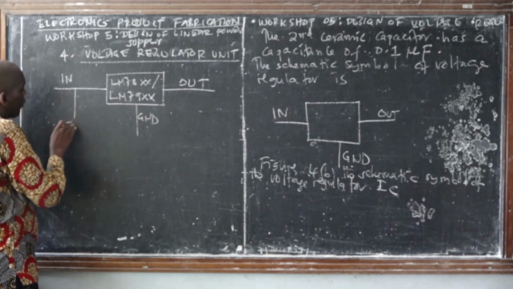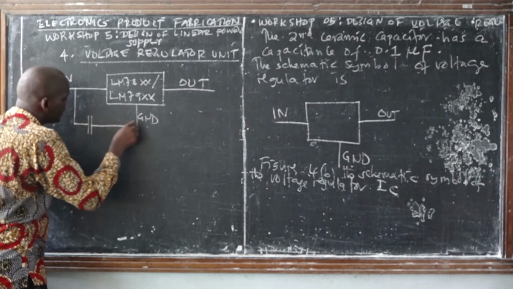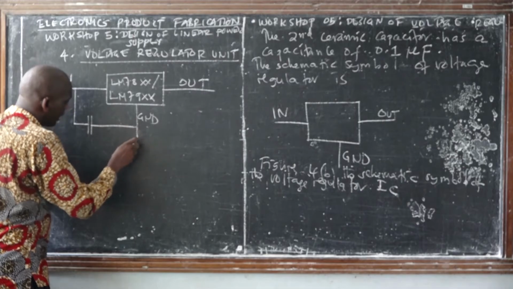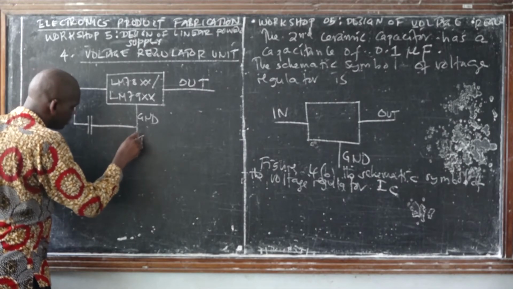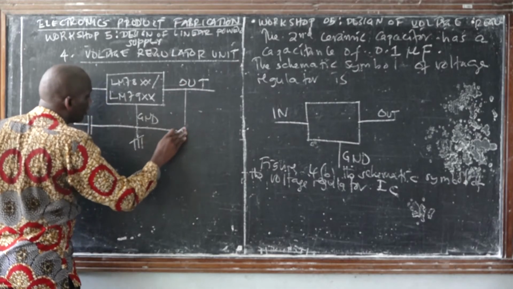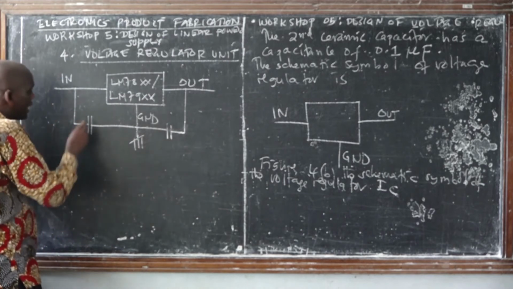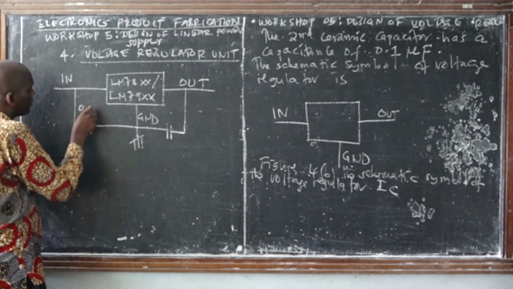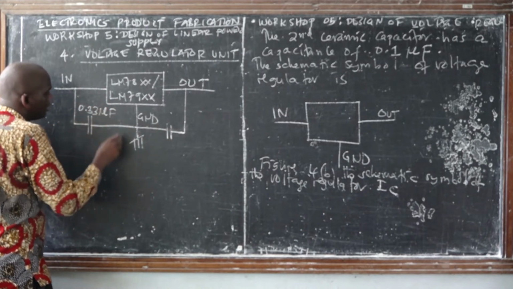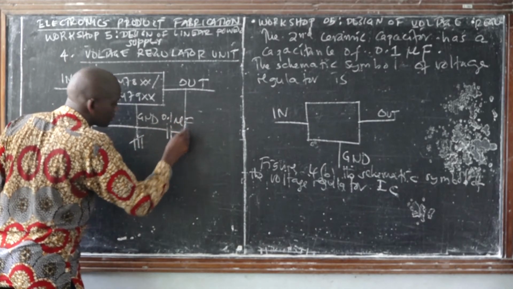Here we connect one ceramic capacitor in parallel, and this one we connect to ground, as usual. Then here we connect the output terminal with another ceramic capacitor. The capacitance of this one is 0.33 microfarad, and the capacitance for this one is 0.1 microfarad.